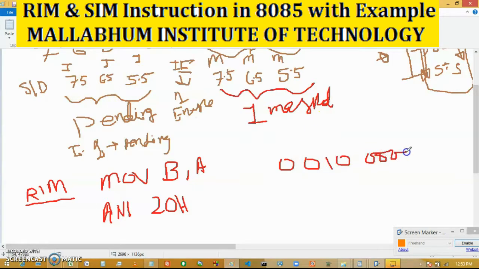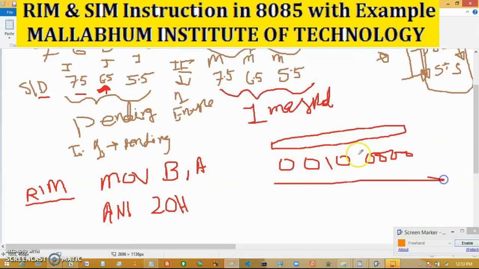You can see clearly 1 2 3. So we are ANDing whatever the bit pattern of the accumulator is with this. A simple AND operation yields the 6.5 bit. If this bit is pending, we can easily check whether 6.5 is pending or not.